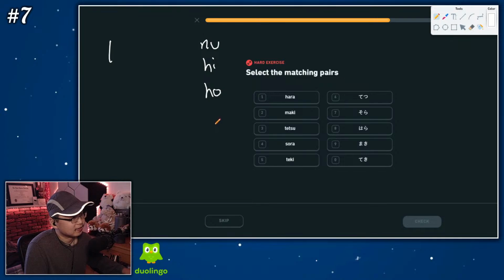I say that, but it's still really tough because it didn't come up again yet. We only did this once yesterday. Nu, he, ho, and it's easier if I draw these things, because I am reliant now on kana. So which one is missing of the 4 that I saw yesterday? Oh, I'm missing this thing.